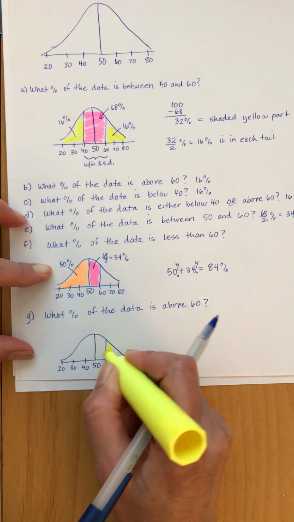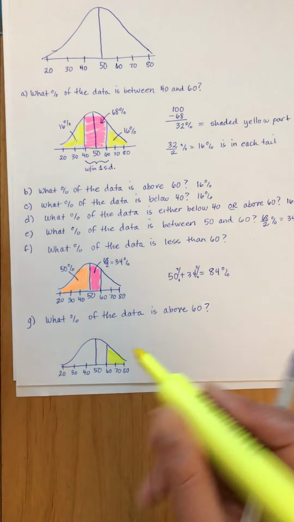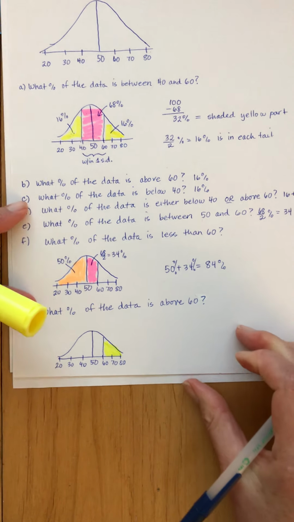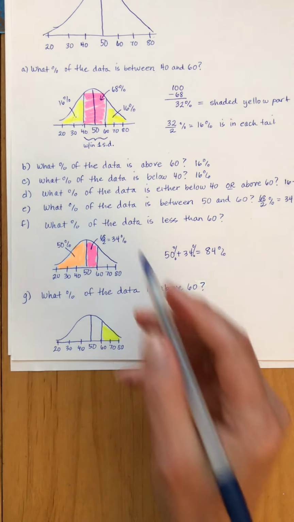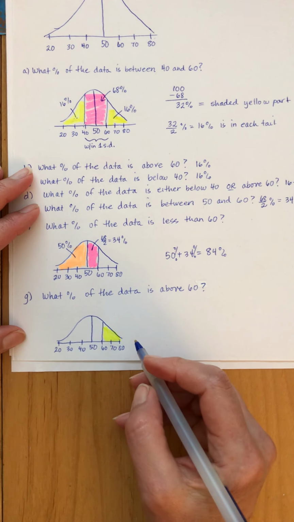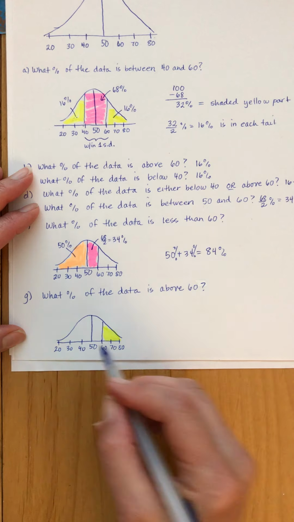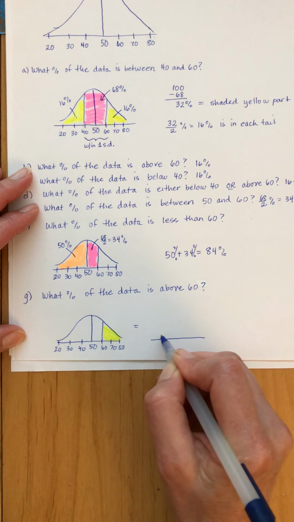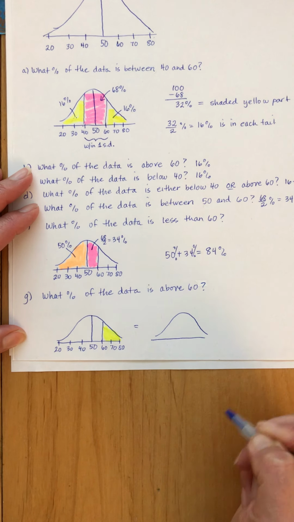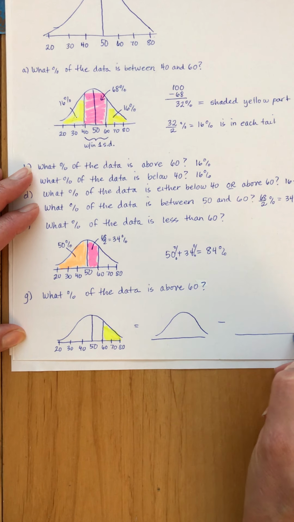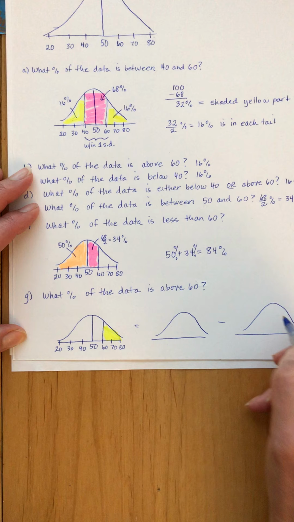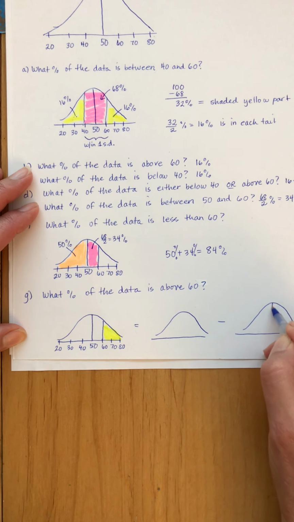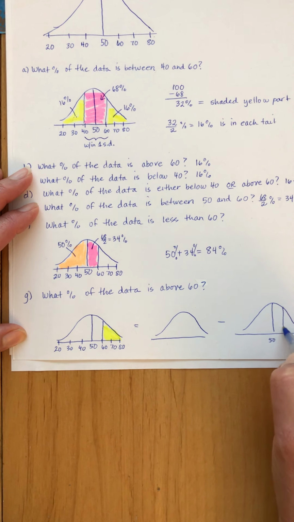I think I already had that answer. We already had that, but let me show you another way to do it. If we hadn't already figured that out, there are different ways to do it. Couldn't we say that this is equal to the whole curve minus what's below that? Here's 50, here's 60.